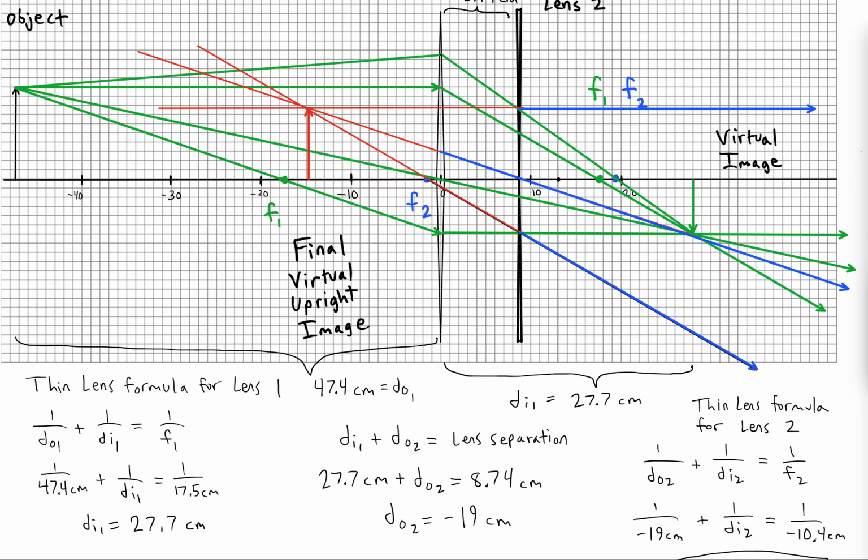Our final DI2 equals negative 23 centimeters, which means 23 centimeters in front of lens 2. And it does look correct.